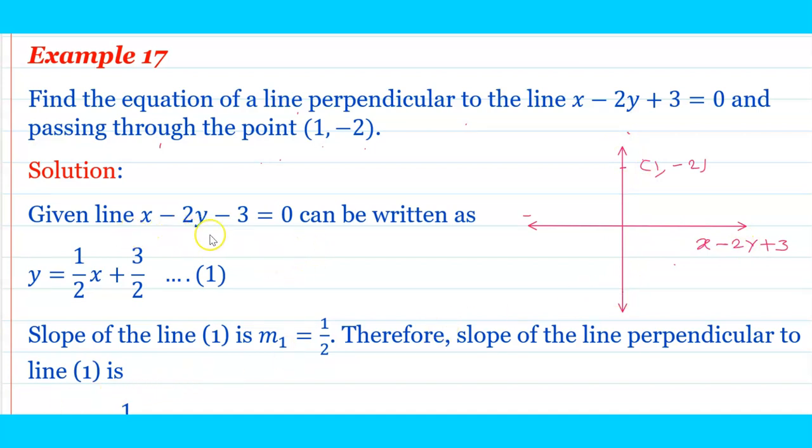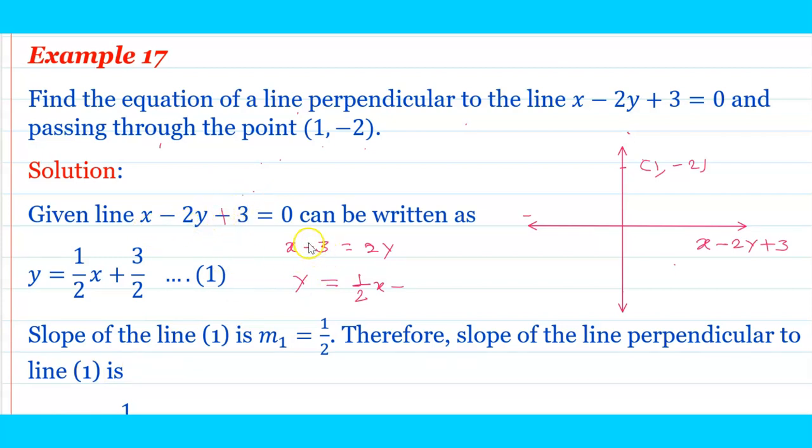Therefore the first line, see this here, the line is x minus 2y plus 3.